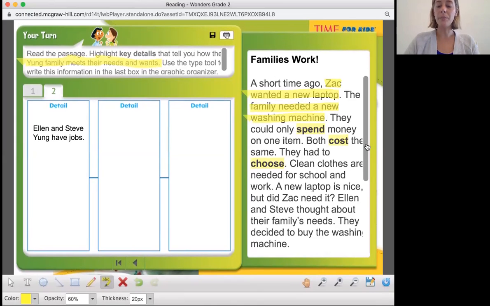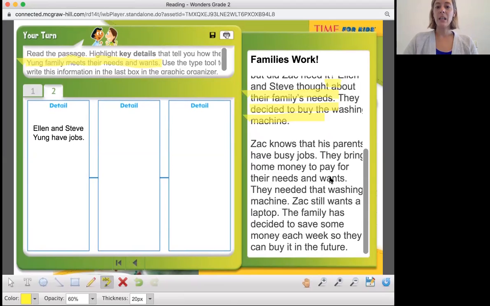So down at the bottom, it says, they bring home money to pay for their needs and wants. So how do they meet their needs and wants? So they work. Their parents have busy jobs, okay? So that their job is going to pay for their needs.